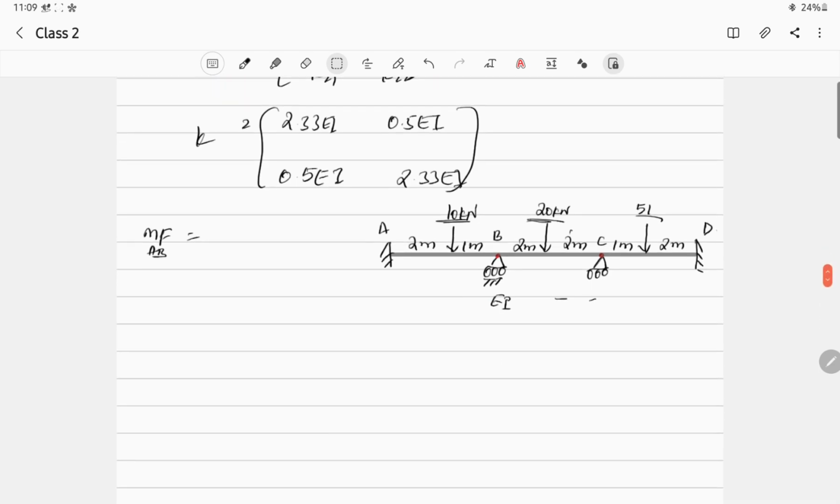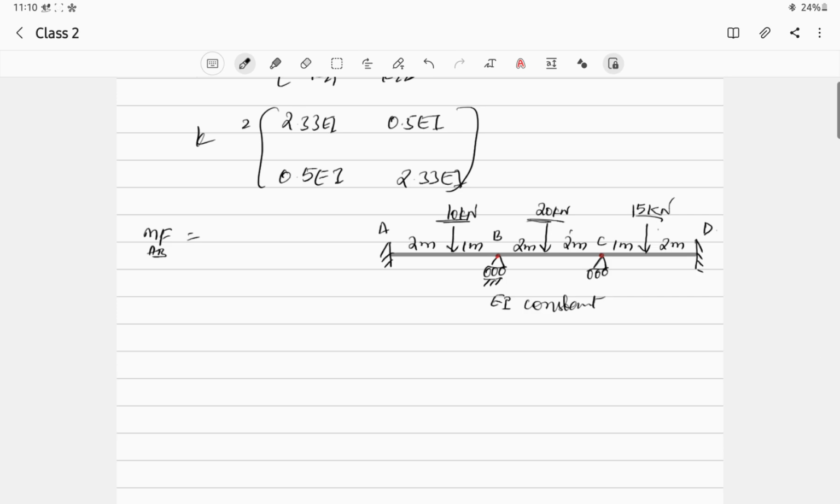Okay, so this is constant, right? EI is constant. That is what it is written over there. EI is constant, and this is a 15 kilonewton load.